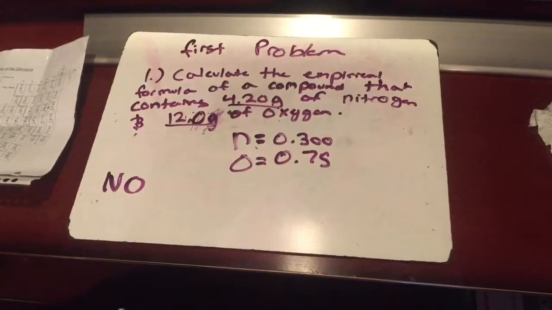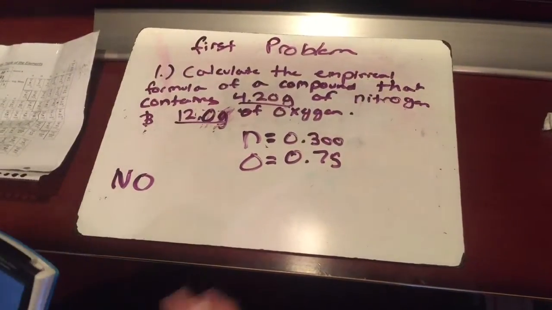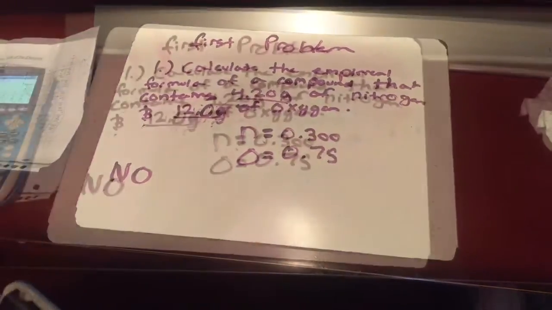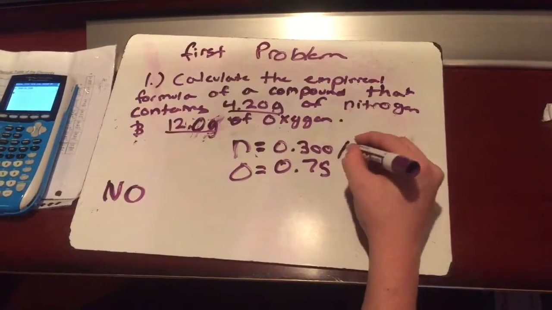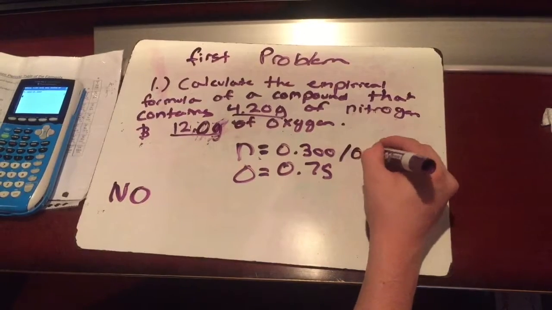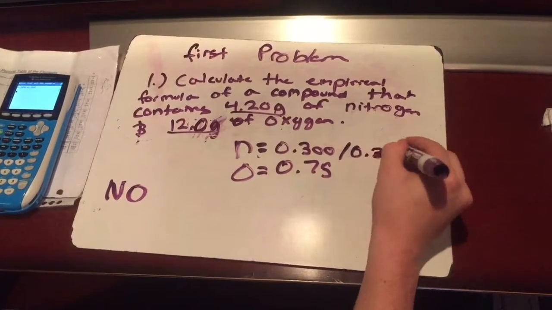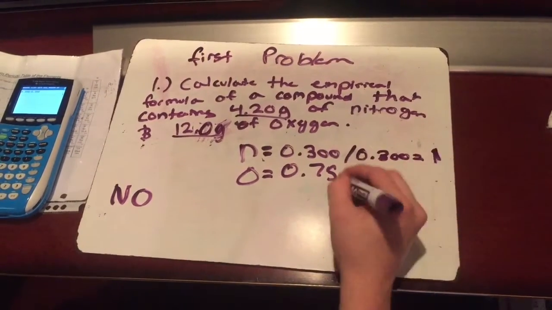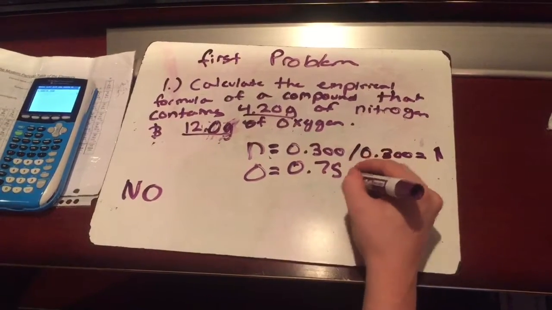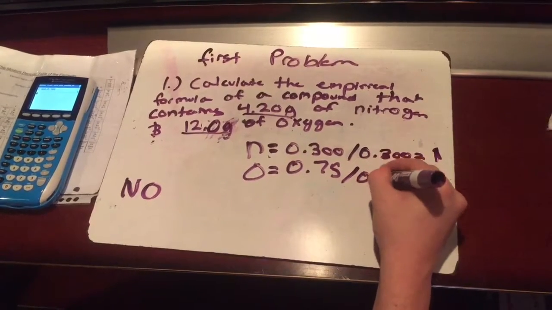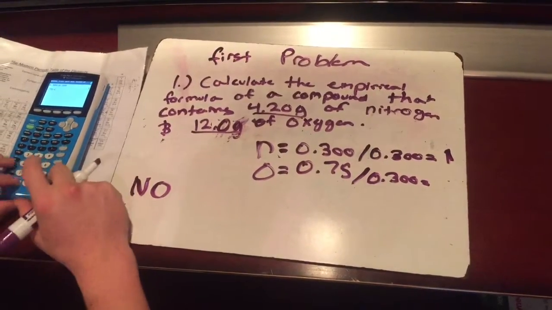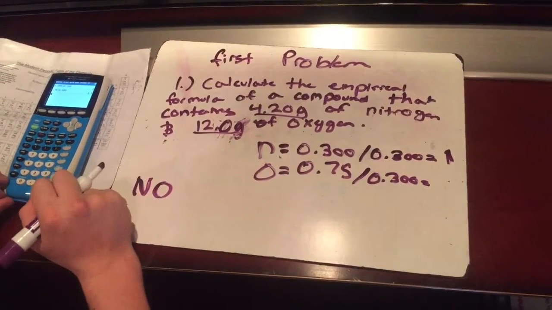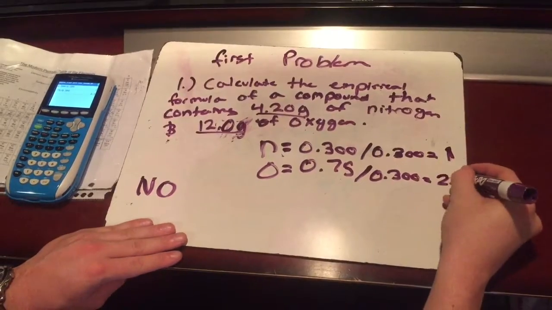So you take your smallest number and divide each value by it. 0.300 divided by 0.300 equals 1. Then 0.75 divided by 0.300, put that in your calculator, and that will give you 2.5.